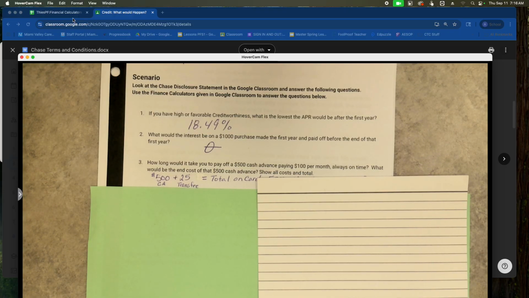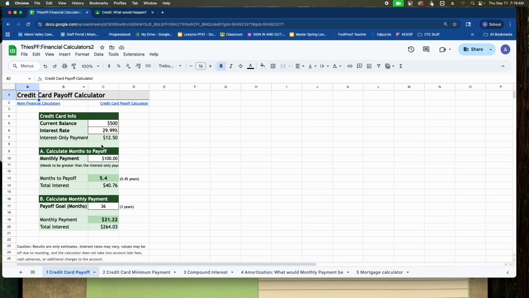So we do need to figure out what it would end up costing us with interest if we're paying $100 a month. We will go into this calculator and put in our current balance of $525. Our interest rate is 29.99, and we're going to pay a monthly payment of $100.